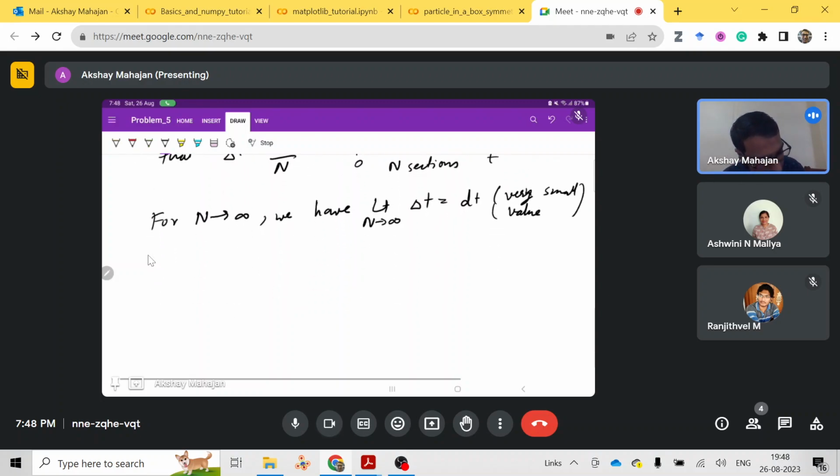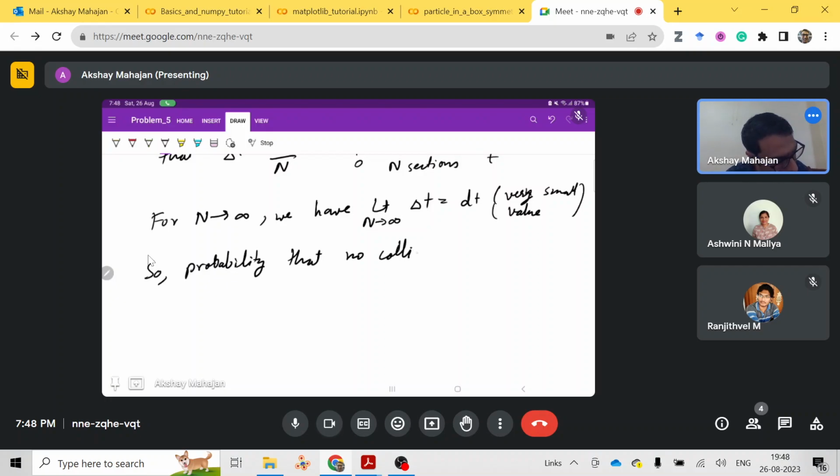Now, the probability that no collision occurs in time interval delta t is given by 1 minus delta t by tau.